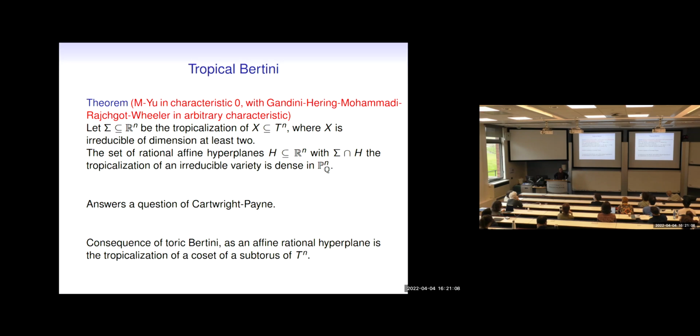Okay, so the way you prove such a thing is you have to sort of go up and choose a subtorus where the intersection is irreducible, and then when you tropicalize that, you will be intersecting with a hyperplane. There are some details. You notice I had this PB asterisk in the toric version.